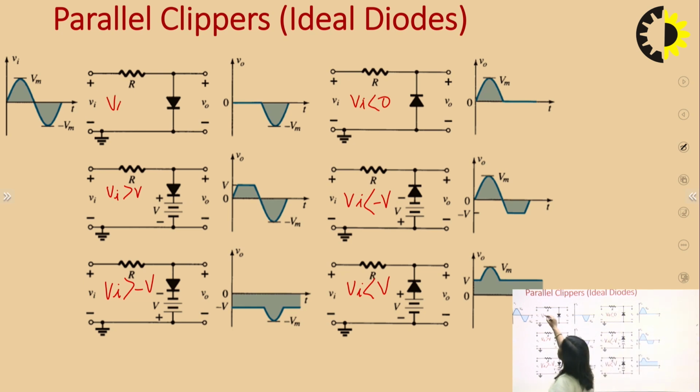Here Vi greater than 0. So these are the conditions in which our diode will be in conducting state.